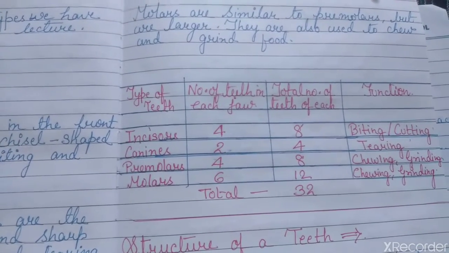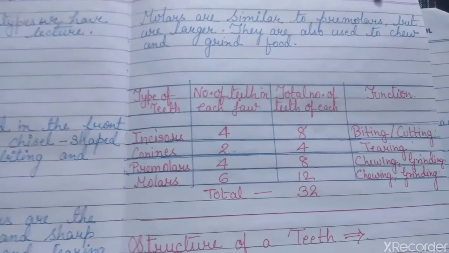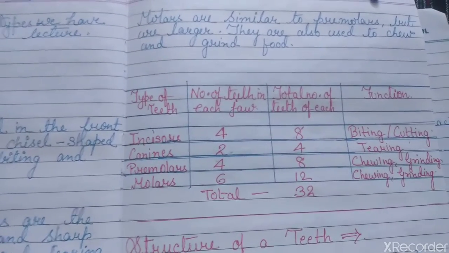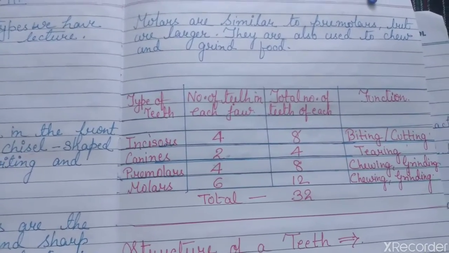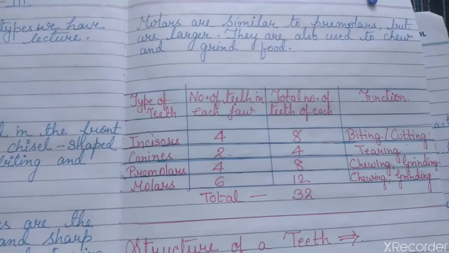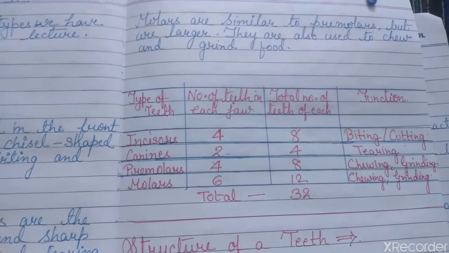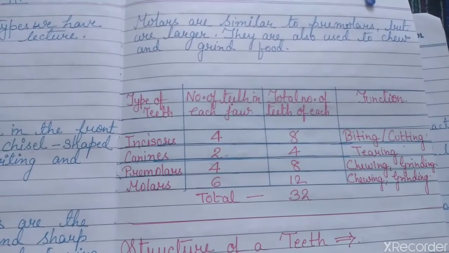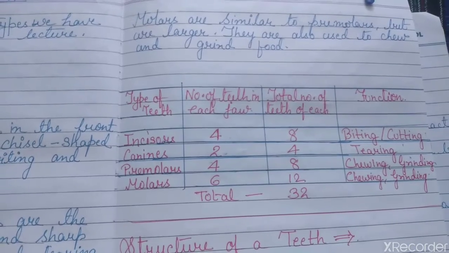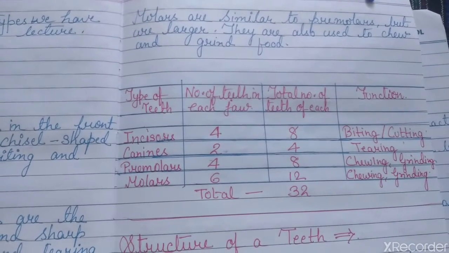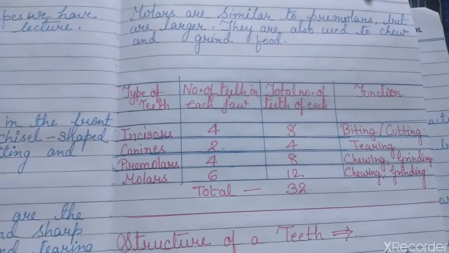They number 6 in each jaw, so in both jaws they total 12, and the function is chewing and grinding. So the total comes to 8 plus 4 plus 8 plus 12, that is 32. In this way 32 teeth are confirmed, and you know that we have 32 teeth.